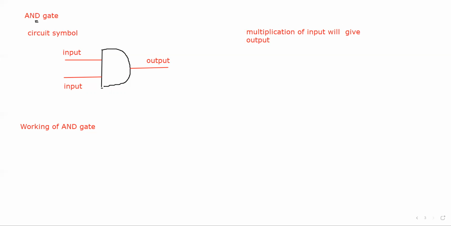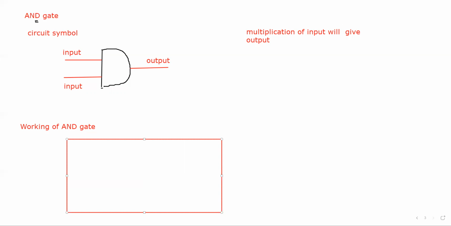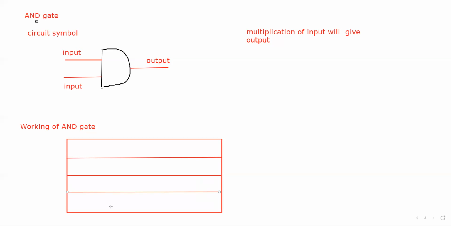So for example, again, we'll make a truth table. The two inputs and there is one output. So input, input, and there's output.